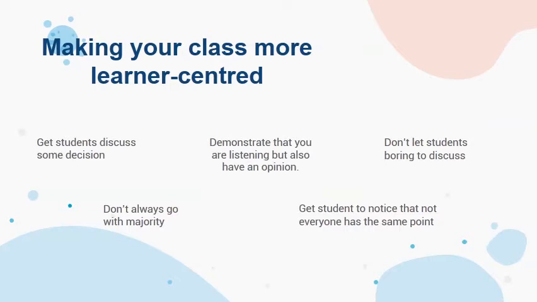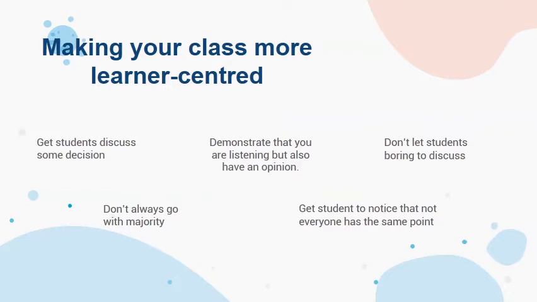Third is demonstrate that you are listening but also have an opinion. As a teacher, you are free to join a discussion with them, also directing what they should do, giving advice on how best to go, but without pushing them to follow what you want to do.